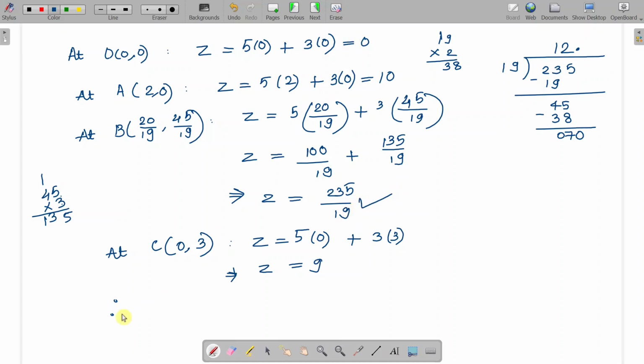So therefore the maximum z is equal to 235 by 19 at B, which is 20 by 19, comma 45 by 19.